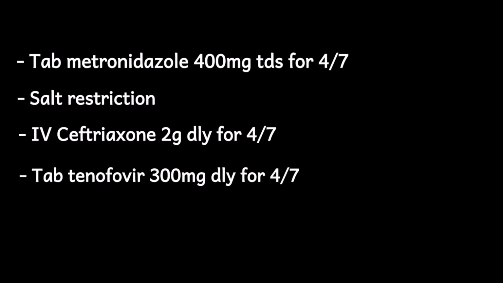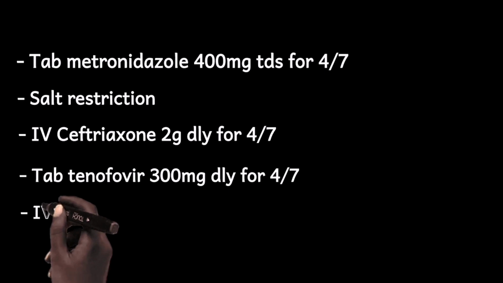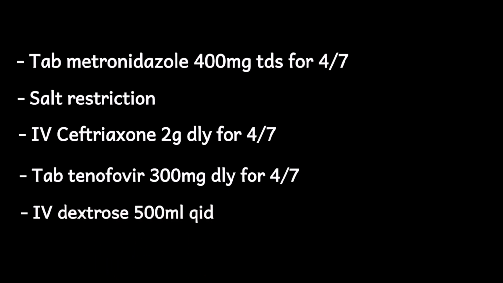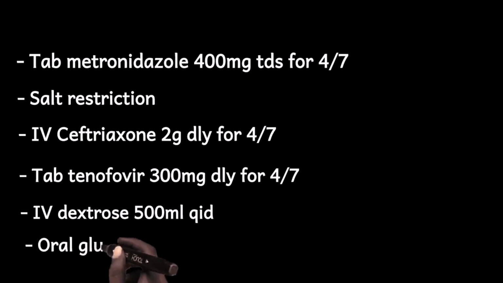Tab tenofovir 300 milligrams daily. He's done it for 4 days. He's on IV dextrose 500 mils QID. He's also on oral glucose 50 grams QID, and we are doing RBS monitoring 4 hourly.